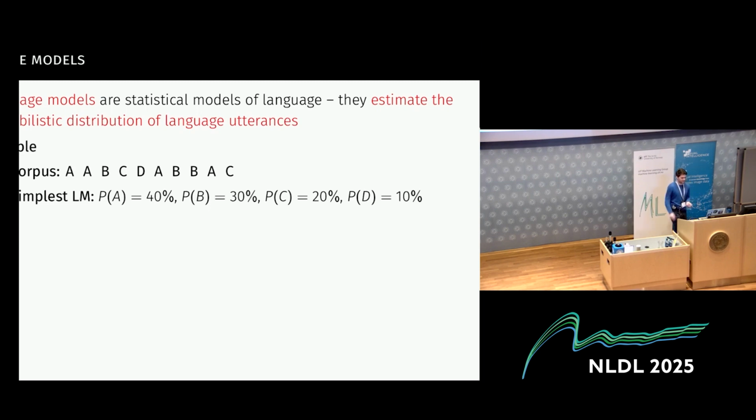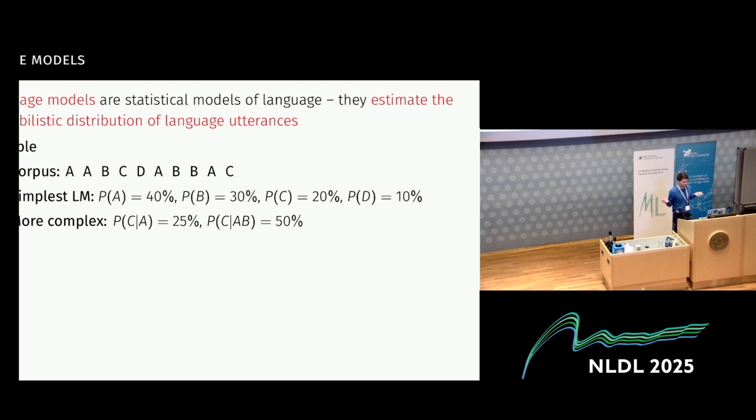So we can say that the probability of A is 40%. Similarly, probability of B is just 30%, C 20%, and probability of D is 10% because there's only one occurrence of the symbol D. So yeah, that's pretty simple, right?